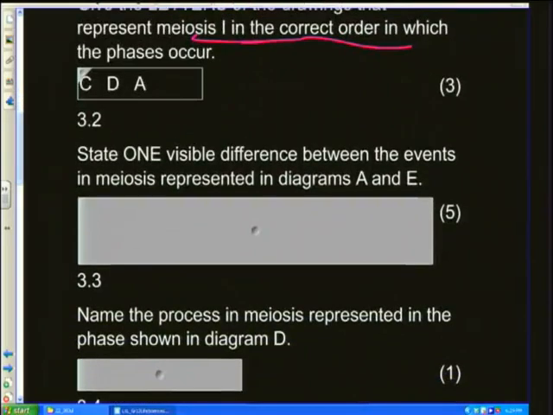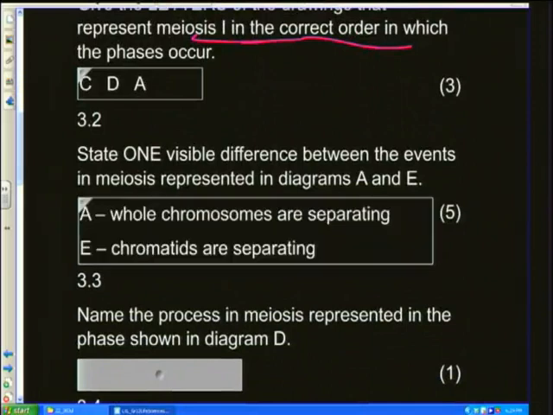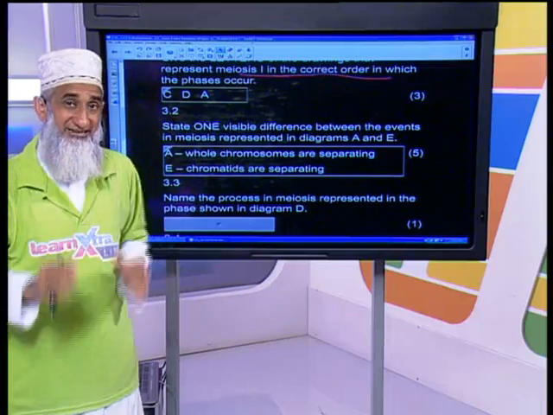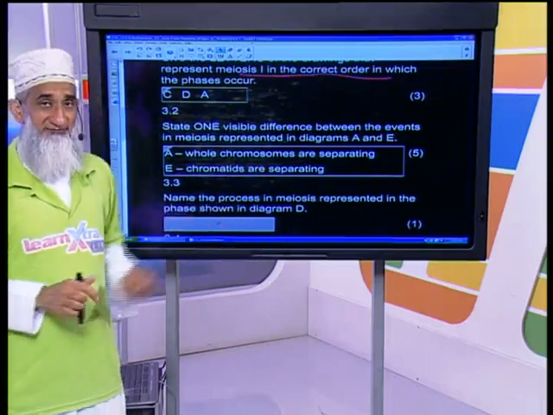And they are, the whole chromosomes are separating in A, and in E, chromatids are separating. You can't see the centromere splitting. You can't see that there. You cannot even see invagination taking place or a cell plate forming. You can only see what they have there. Good?